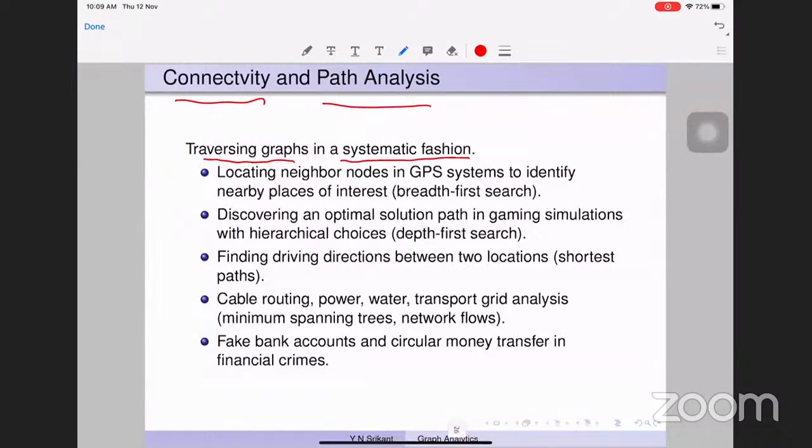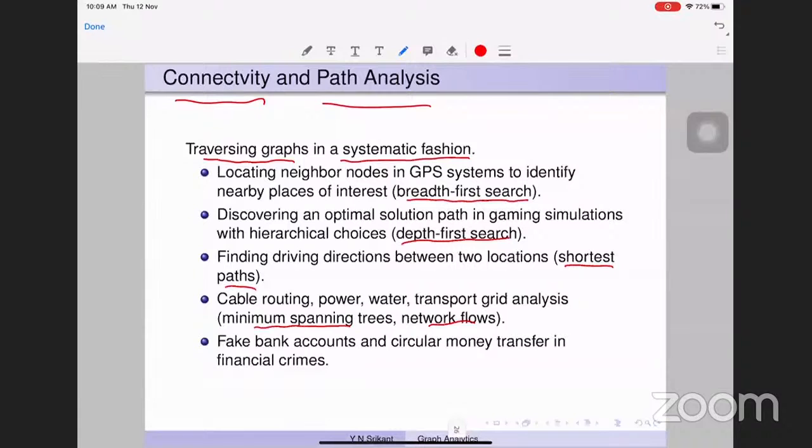So let me underline the well known algorithms and then go to the rest. These are all well known: breadth first search, depth first search, shortest path, minimum spanning tree. These are all network flows. These are all well known algorithms. So there is nothing very special about the algorithms per se in this case.